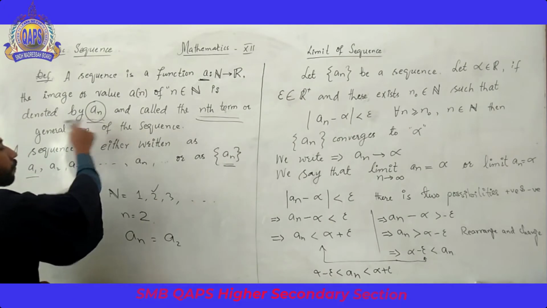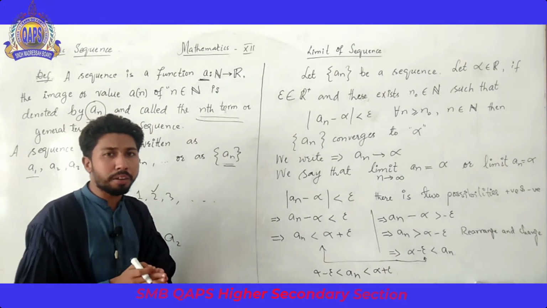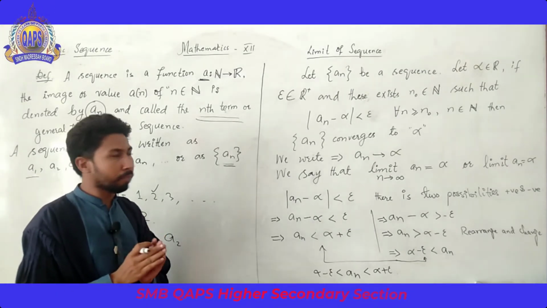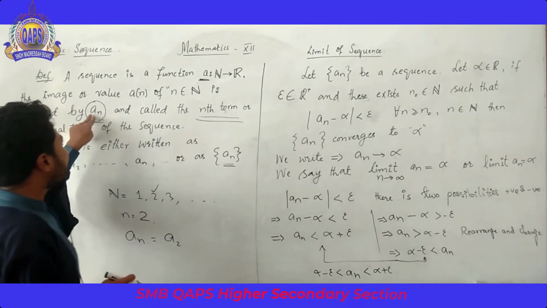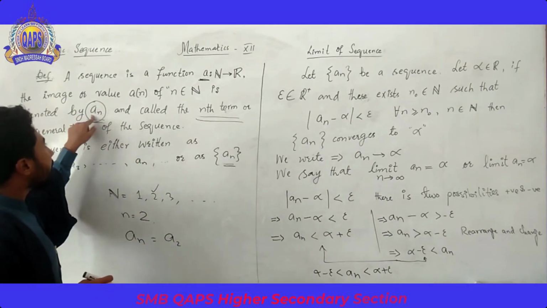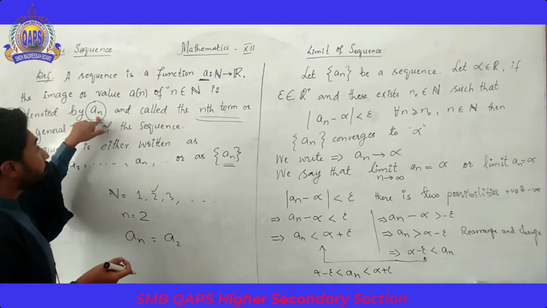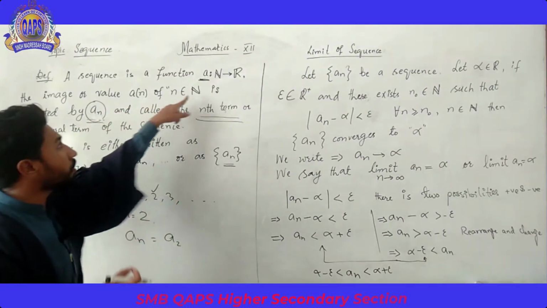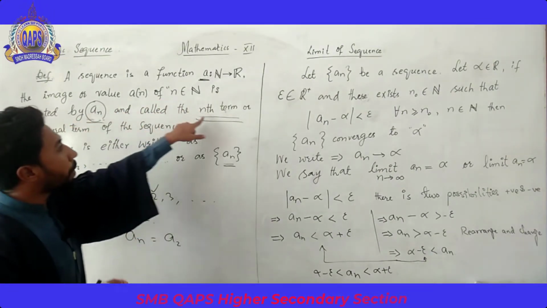This function or sequence represents the nth term, or you can say the general term. There are two names for a_n. You can say it is the nth term, because when we put n as the last number of the natural numbers, it is written in the form of a_n, the nth term.